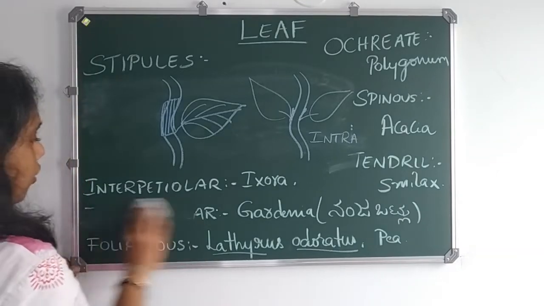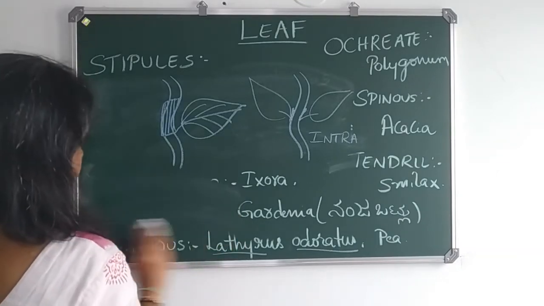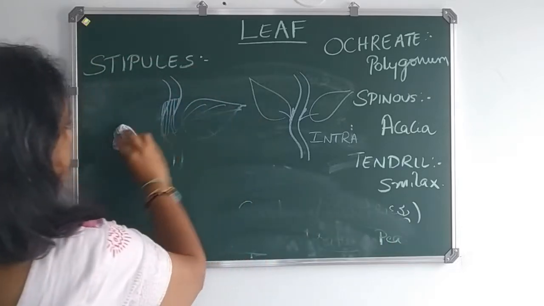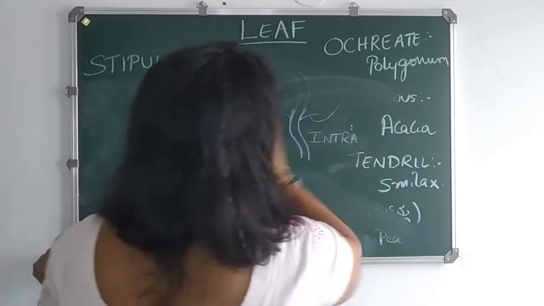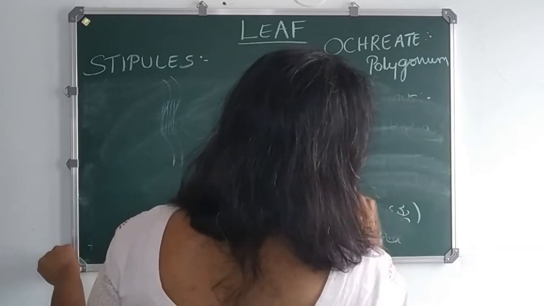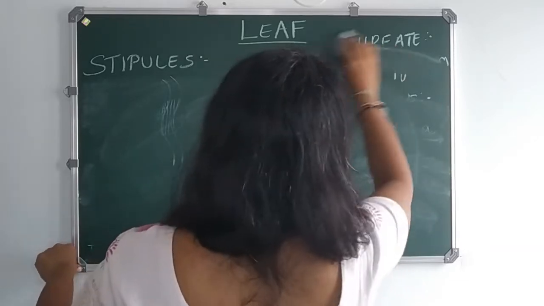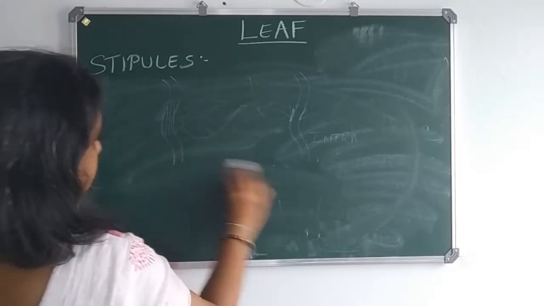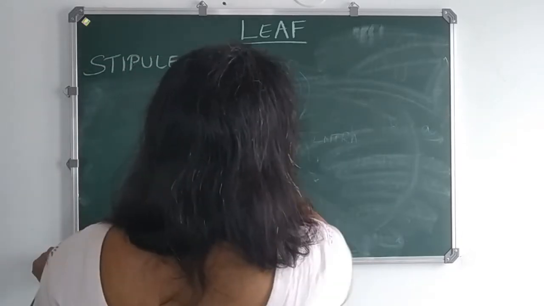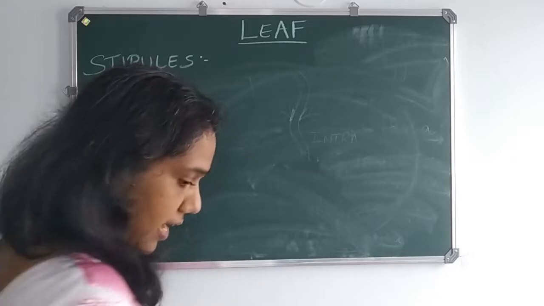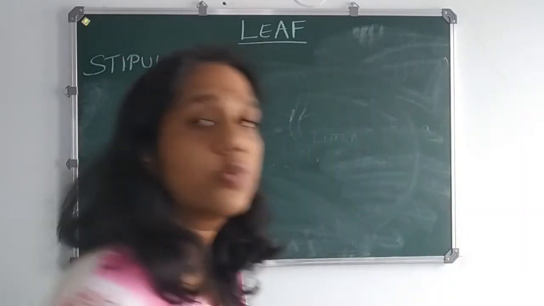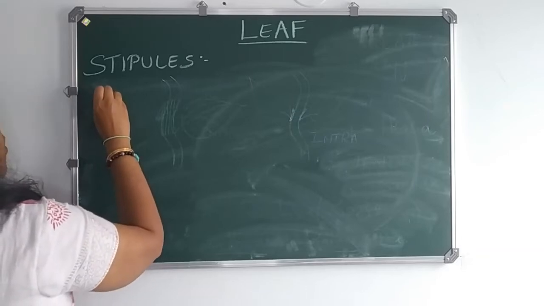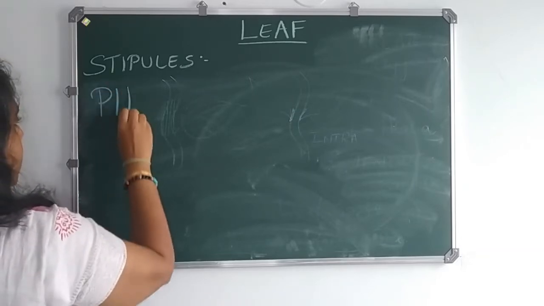What is phyllotaxy? Phyllotaxy is the study of arrangement of leaves on the stem. Now this phyllotaxy is very important in classification of the plant, especially for identification. It is very important. So today we are going to talk a little more about phyllotaxy.